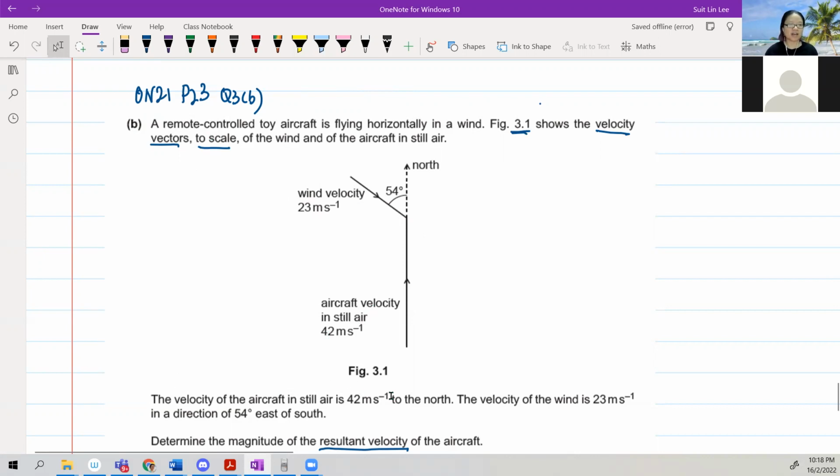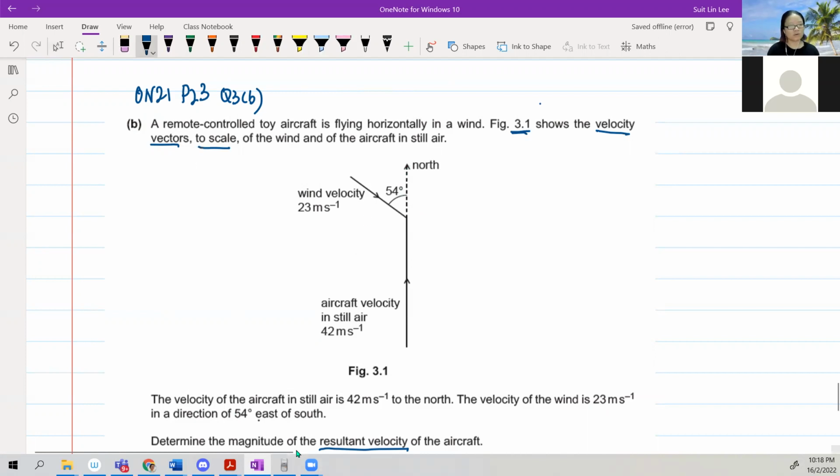The velocity of the aircraft in still air is 42 meters per second to the north. So this is when it's in still air. And the velocity of the wind is 23, in the direction 54 degrees east of south.